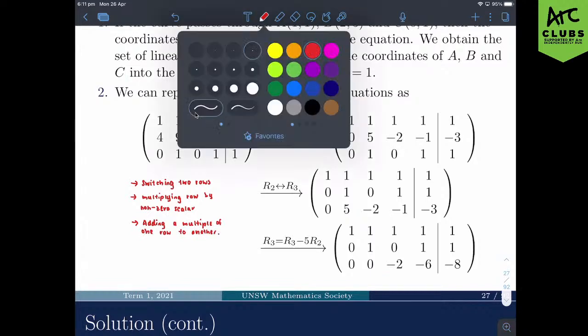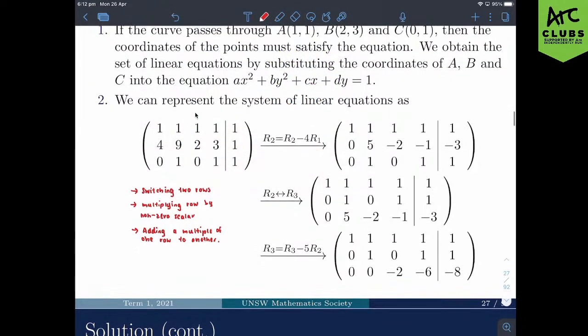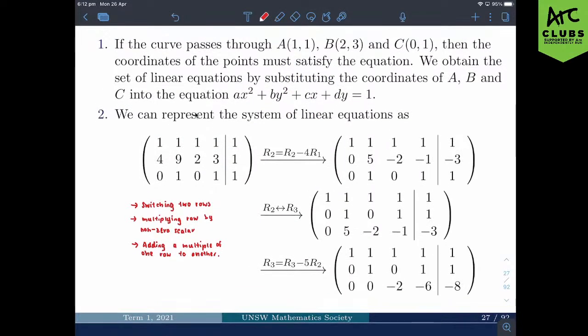So we want to use these operations to reduce this augmented matrix to row echelon form.